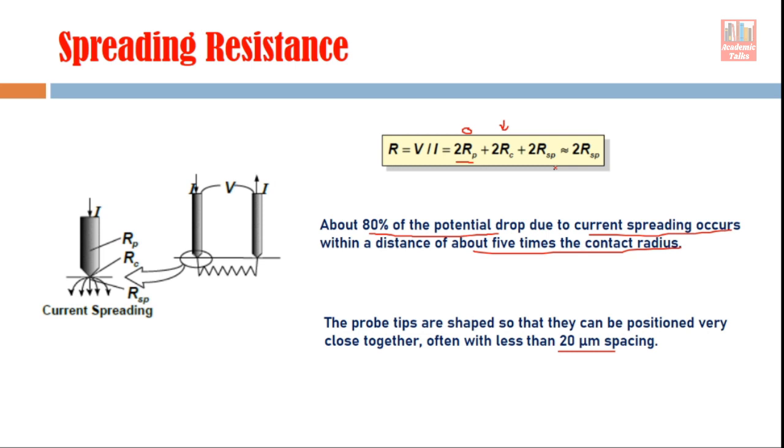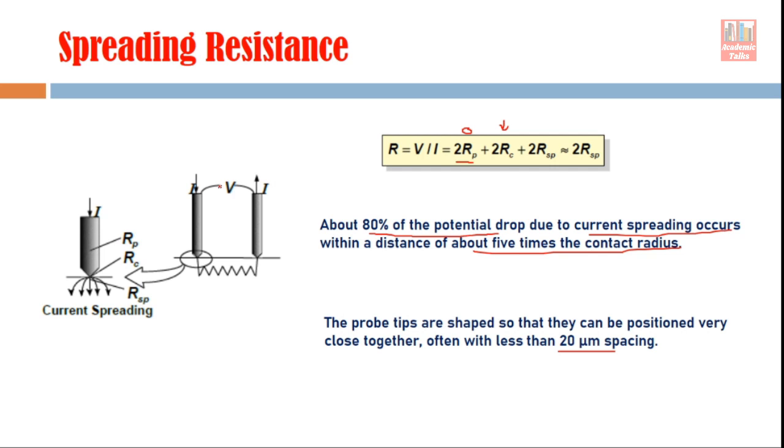Further, the third step is the gap between the 2 probes should be as small as possible, so that the effect of spreading resistance is dominating between these 2 contacting probes, right? And that way the measured resistance between these 2 probes is just spreading resistance and nothing else.